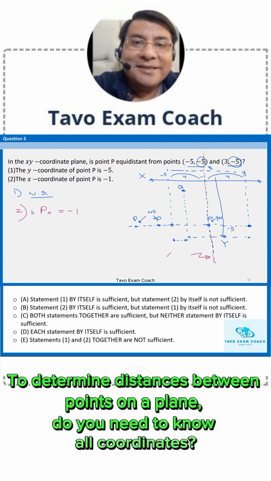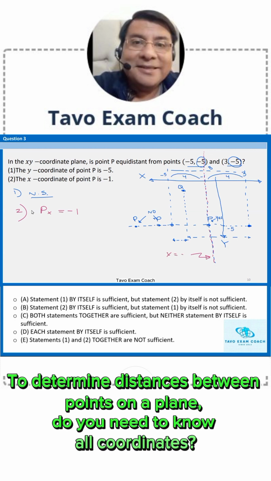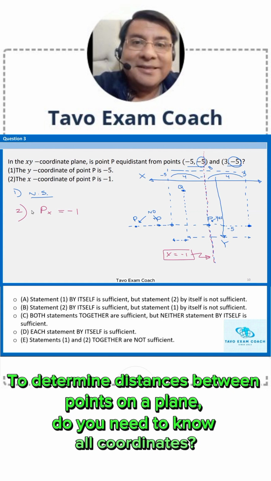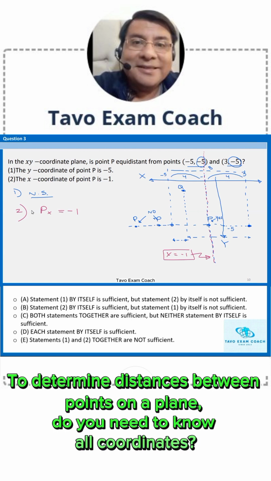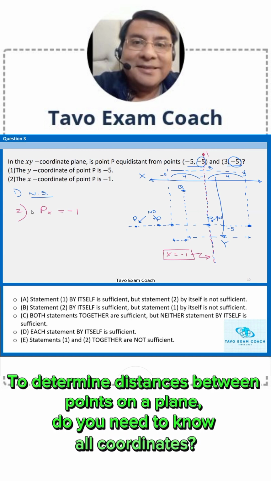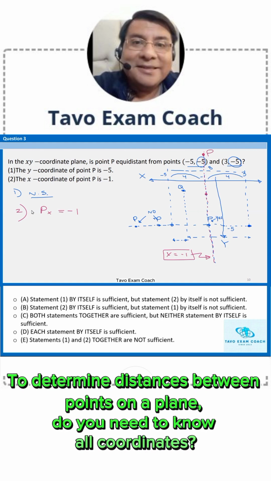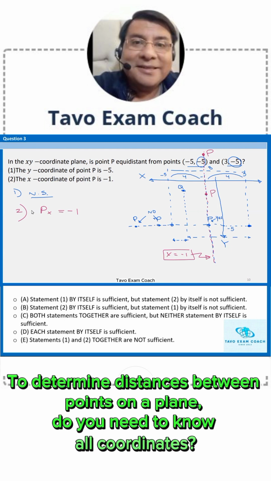That is, the equation of this line would be x equals -1. Point P might be anywhere over that line. So, for example, if P is here, would it be at the same distance from the 2 points? Or if it's here, would it be at the same distance or not?